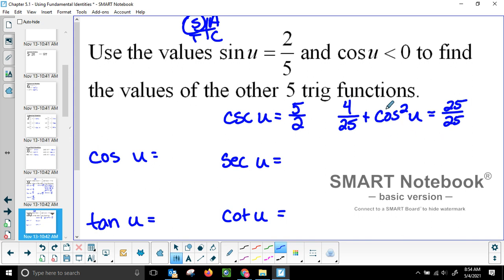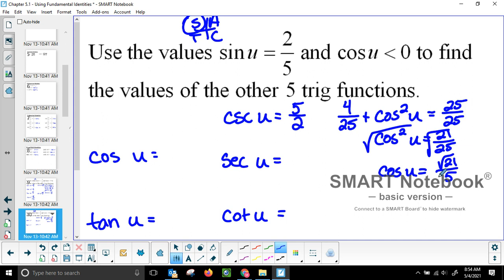If I subtract 4/25 from both sides, cosine squared u is equal to 21/25. Take the square root of both sides, and cosine u is equal to the square root of 21 over 5.